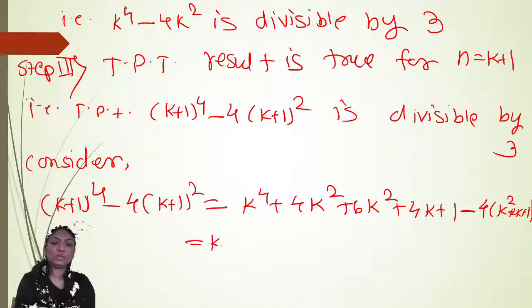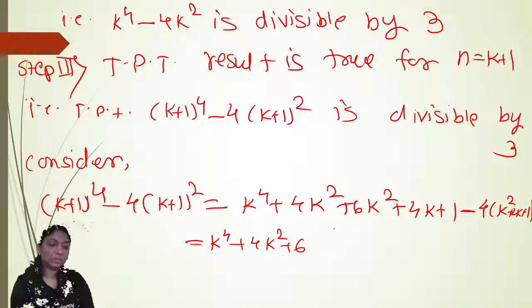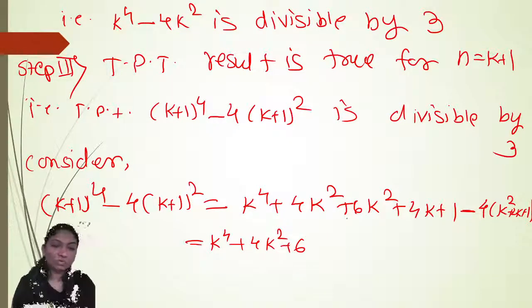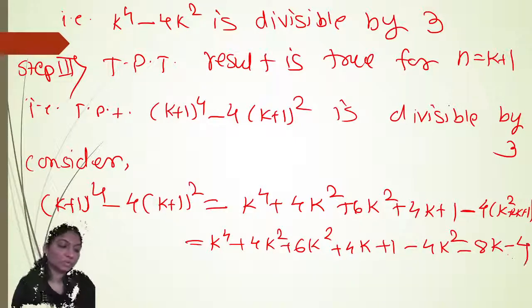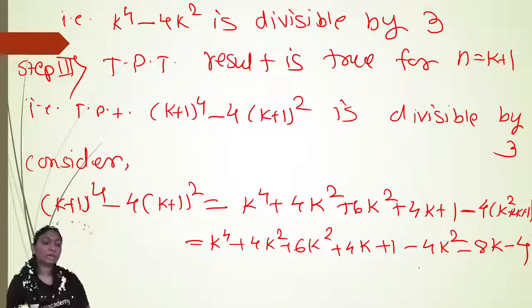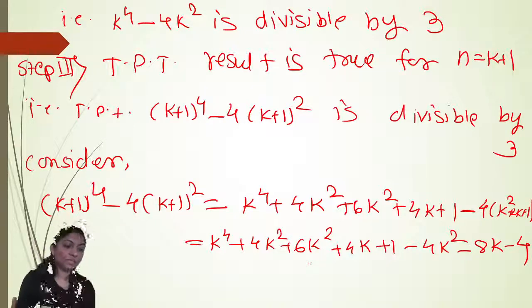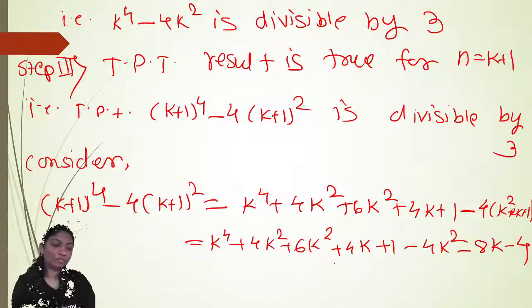So ultimately this will give you k raised to 4 plus 4k cube plus 6k square plus 4k plus 1 minus 4k square minus 8k minus 4, right?